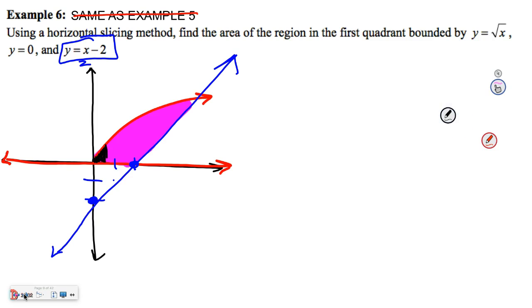The top function is square root x. What's the bottom function? 0. And she's good for a while. But then right here, when she gets here and starts to color, now she's got an issue, because now who's the bottom function? Yes.